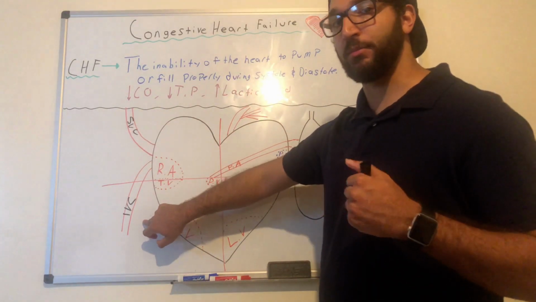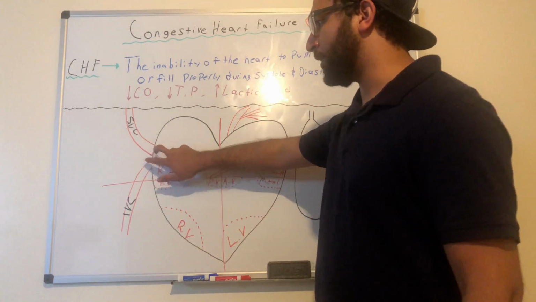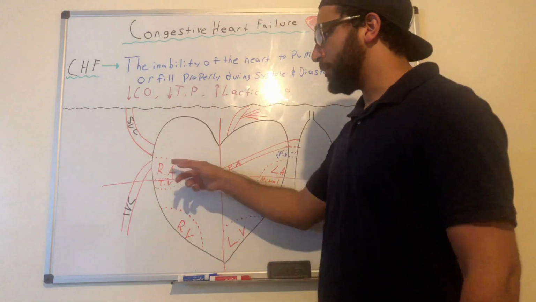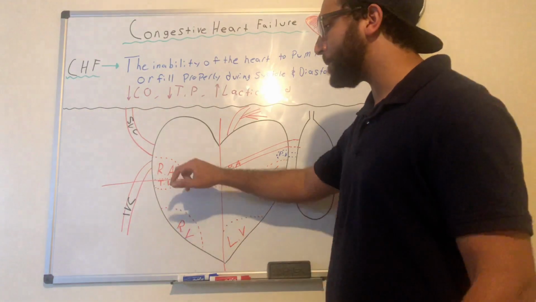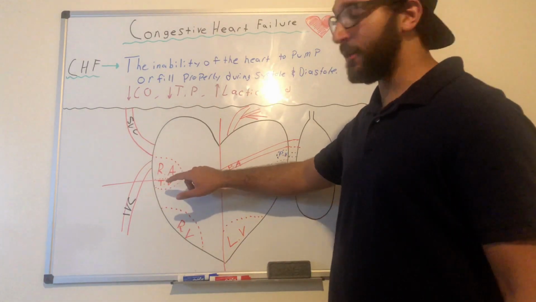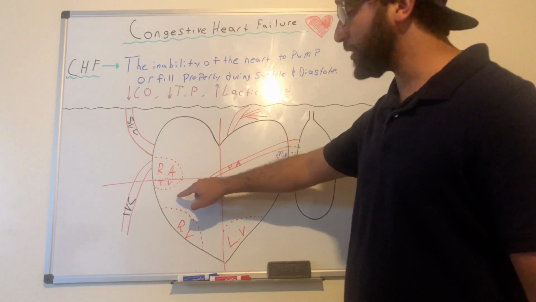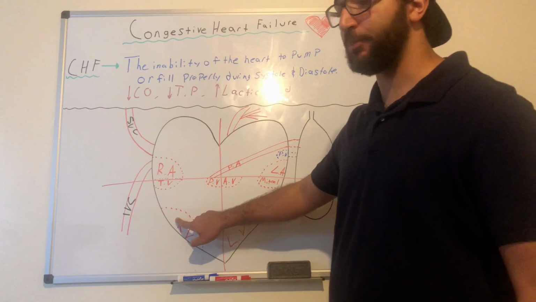Inferior vena cava brings in blood flow from the lower extremities. Deoxygenated blood meets at the right atrium. The right atrium is where low pressure is standardized. Deoxygenated blood travels through the tricuspid valve to the right ventricle, where it's highly pressurized.